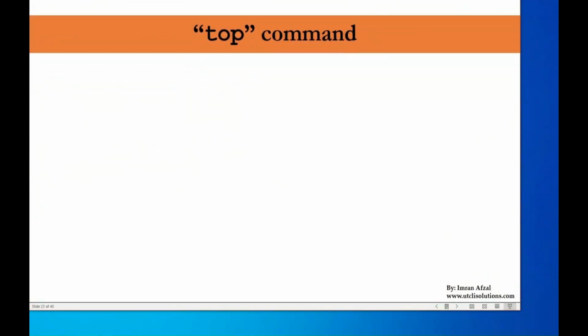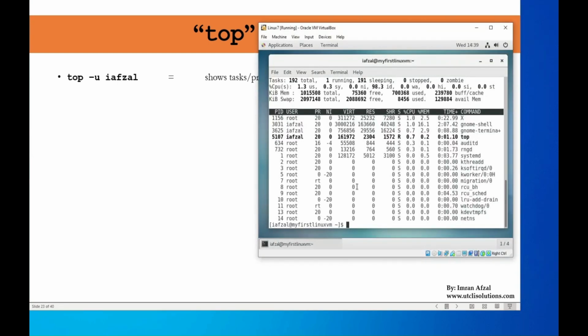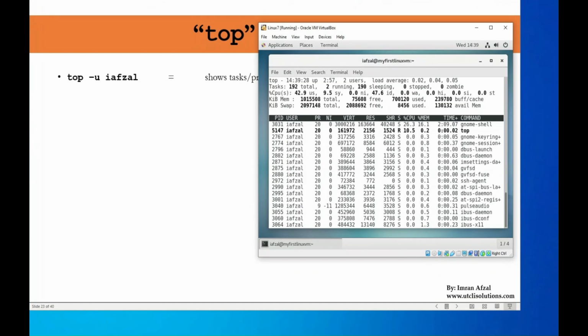The other command that we can use with top is top -u and the username. This will show tasks or processes owned by a user. So when I go to the Linux machine and run top -u with my name, you will see it only shows the processes that are owned by me or running by my user.